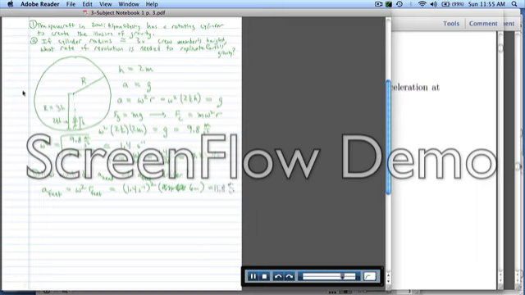Which is 11.8 meters per second squared. And then the acceleration at her head is omega squared times the radius at her head, in other words, the distance from the center of the cylinder to her head. Omega is again 1.4 radians per second, so we square that, and then we multiply by 4 meters, which is the distance from the center of the cylinder to the top of her head, if she's 2 meters tall, and we get 7.8 meters per second squared.